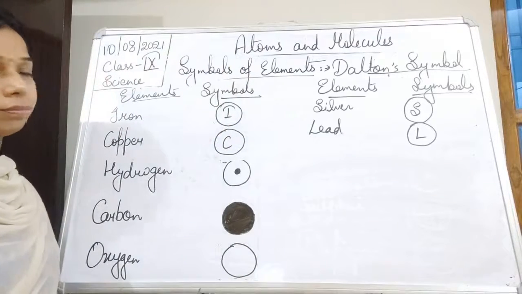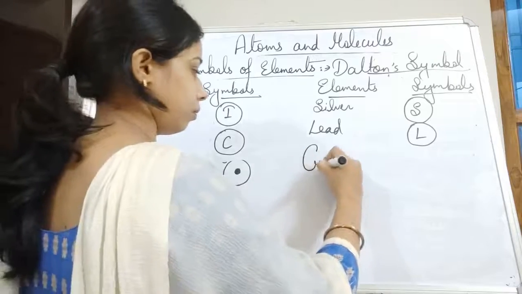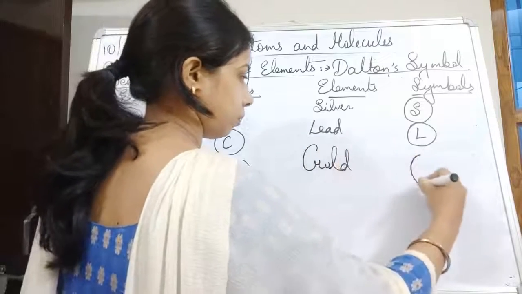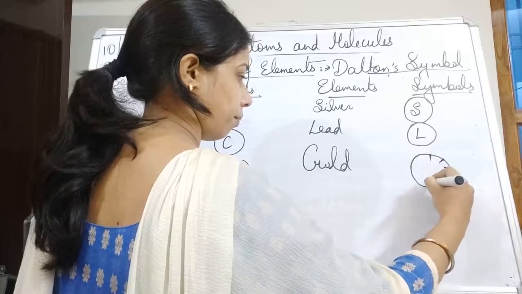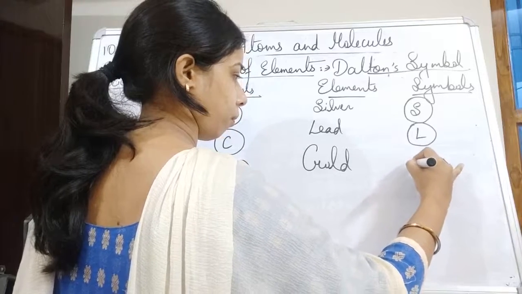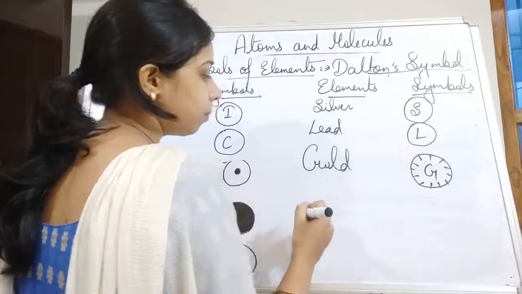Then gold is there. This is what? This is gold. Then mercury.